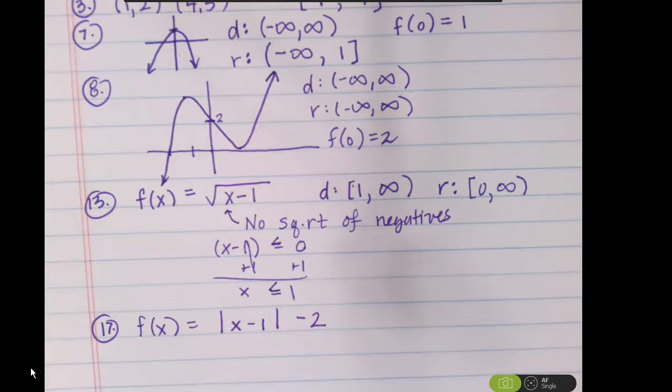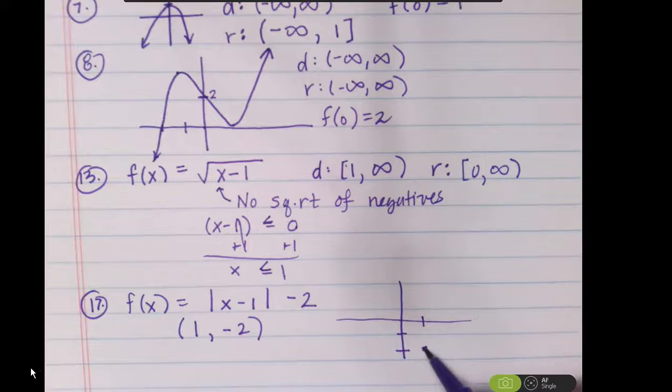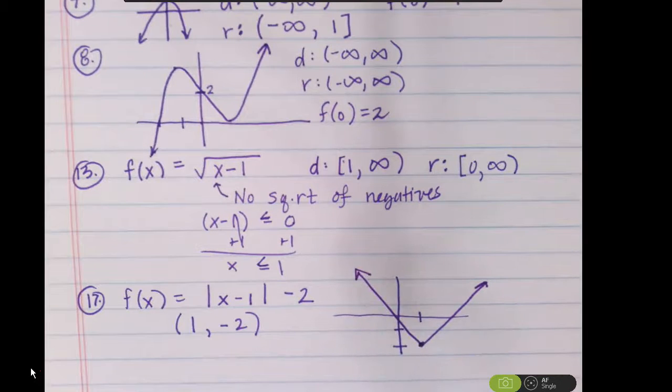In the next section we're shifting and transforming functions, but I can tell by the graph that my vertex, or the inflection point, is at 1, -2. That graph at 1, -2 is where that thing stops and changes directions.